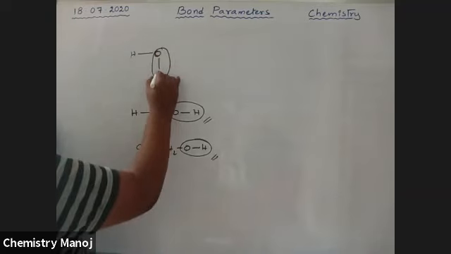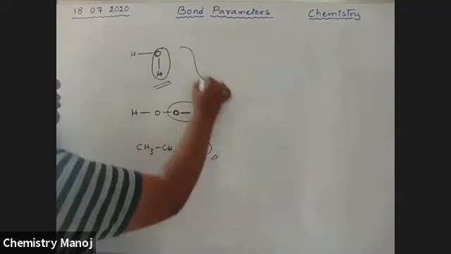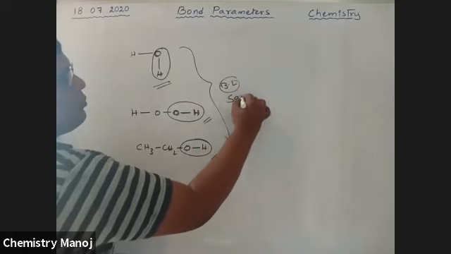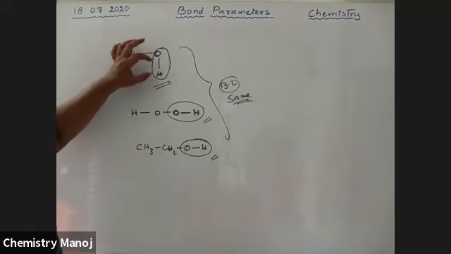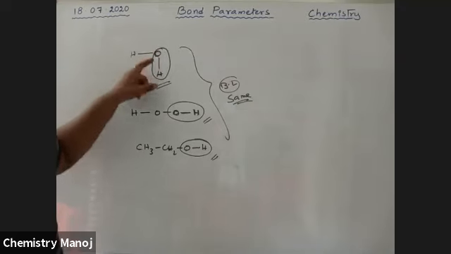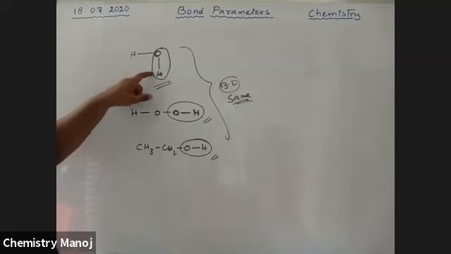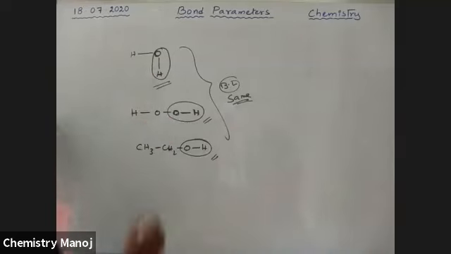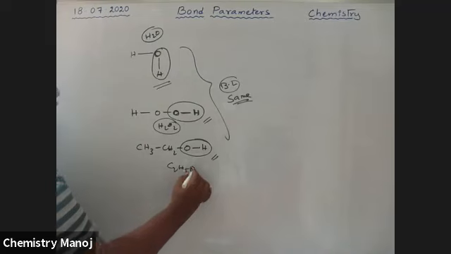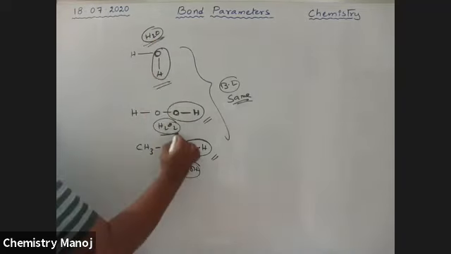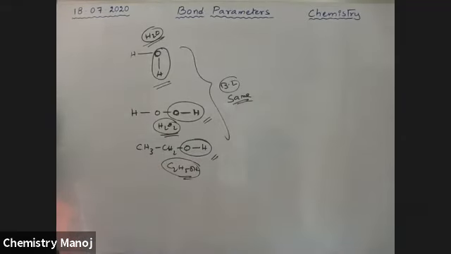So if the atoms are the same, whatever the molecule may be, their bond lengths are the same. The OH bond length in H2O, H2O2 and C2H5OH alcohol is the same. So irrespective of the compounds, if the atoms in a particular bond are the same, their bond lengths are the same.